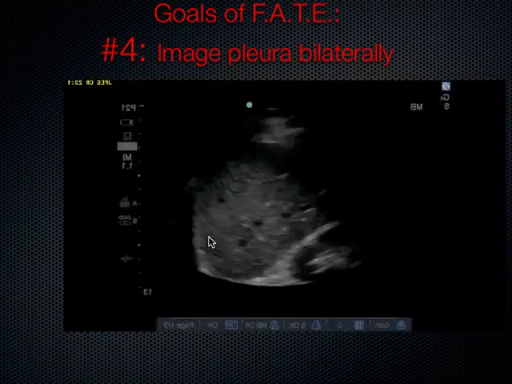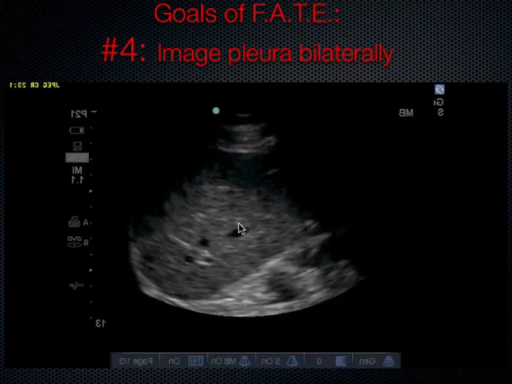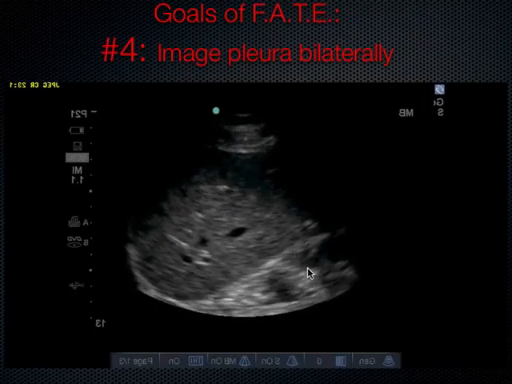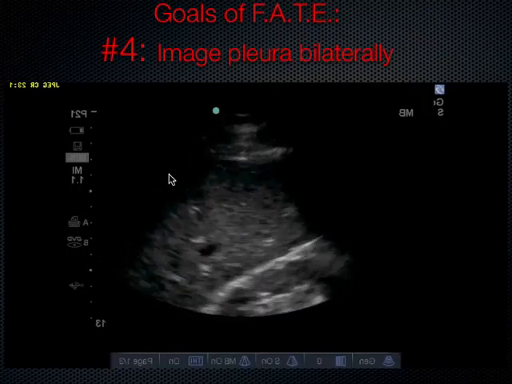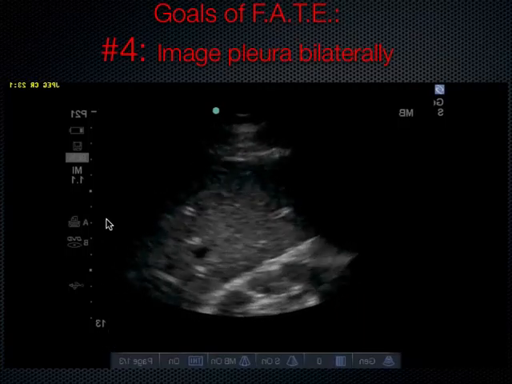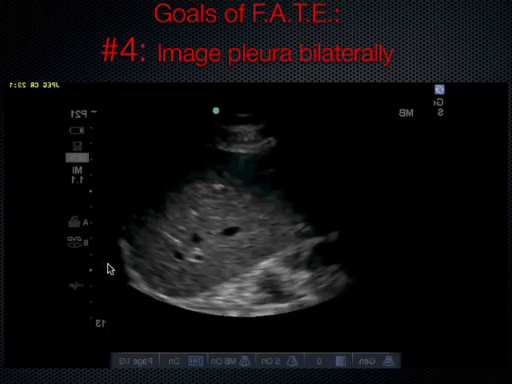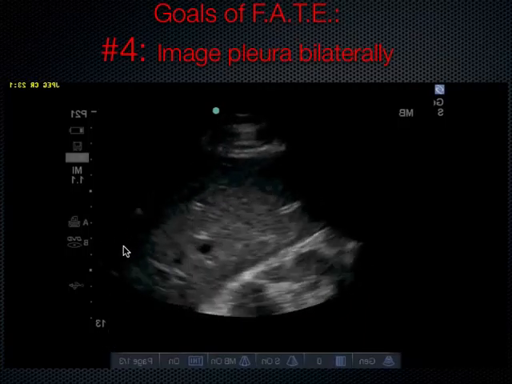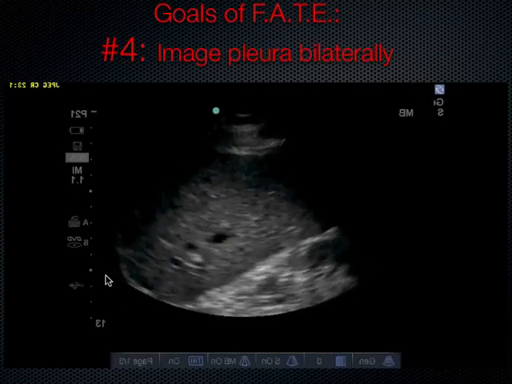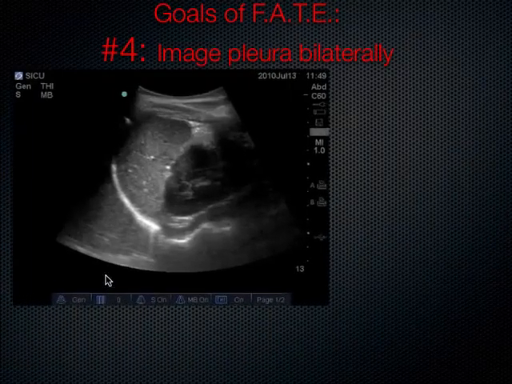Another example of that here is, this is the liver here, and this is the kidney down here. Here's the diaphragm, and as the patient's breathing in and out, we can see above the diaphragm, instead of having the mirror image artifact, we just see black fluid superior to the diaphragm, and this black stuff here tells us that there's fluid up there in the chest.